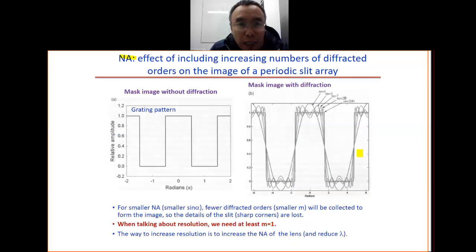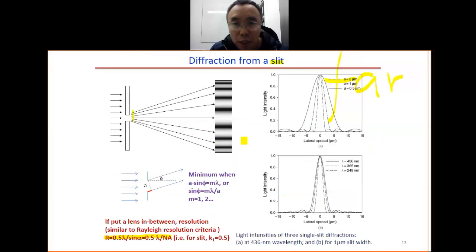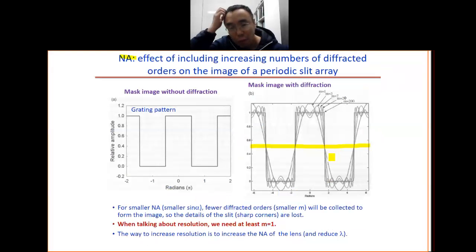But in reality, not all the light will be collected. For instance, if we collect only the 0 order, we get a blanket, uniform exposure, with no information about the periodic grating. When m equal to 1 is included, it looks something like this.